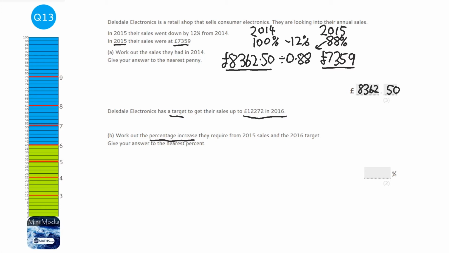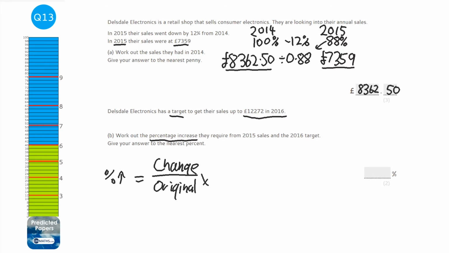What's the percentage increase? Now, percentage increase or percentage decrease, it's the same formula: change over original, times 100. So the change is going to be 12,272 take away the 2015 sales, 7,359.